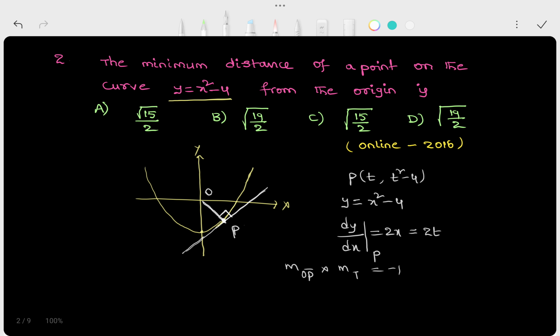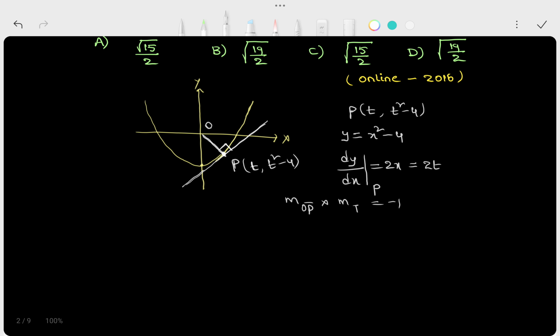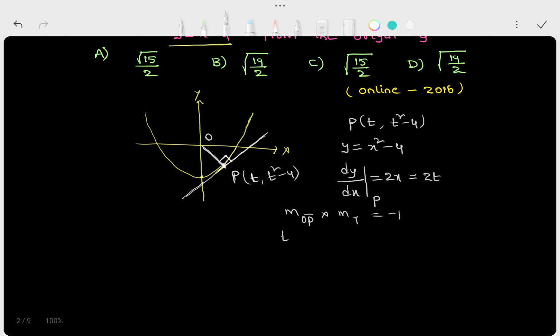So slope of OP: point P will be (t, t square minus 4). So slope of OP is (t square minus 4) divided by t, times the slope of the tangent 2t, equals minus 1.